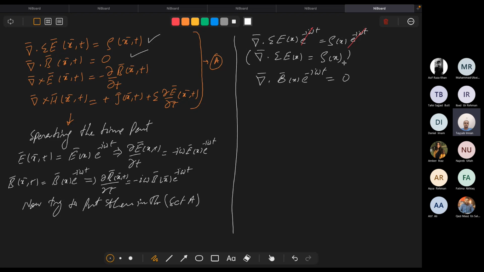This one, okay, this one. And now if we use this equation and substitute the values here, then let's see what will be the situation here.